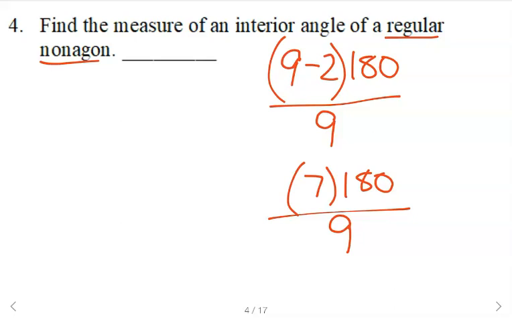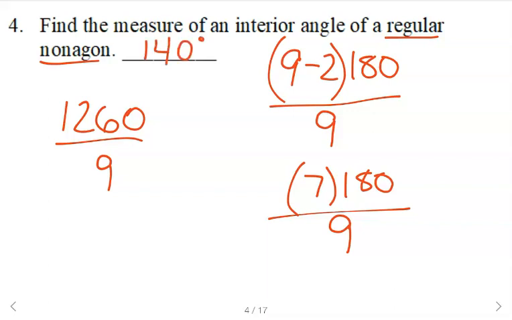So 7 times 180 gives us 1260, and then divide by 9, and we get 140. So each of those interior angles is 140 degrees.